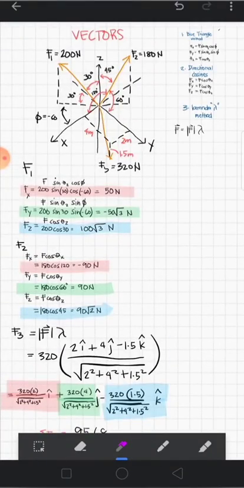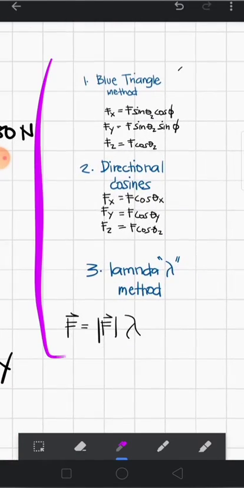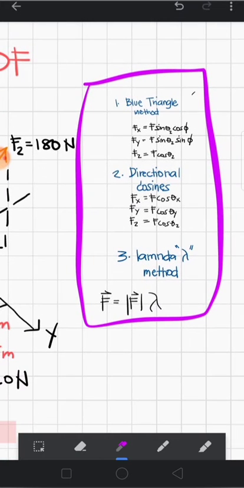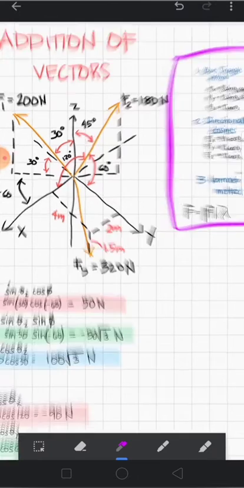So the very lesson here you need to remember always is how to use these methods: blue triangle method, directional cosines, and lambda method. You use lambda method if the given forces and directions are the length or the magnitude, just like this one.